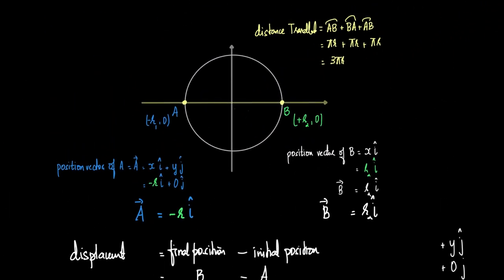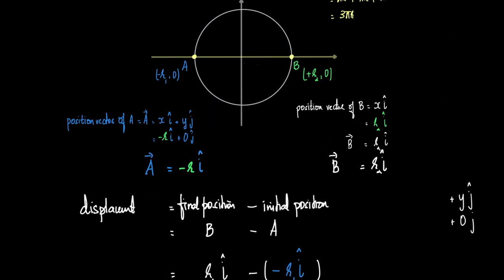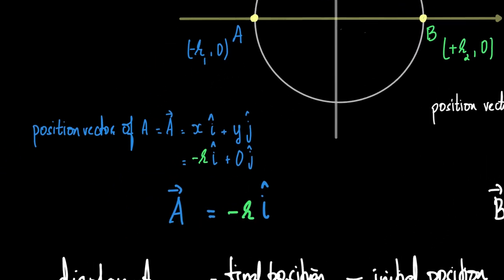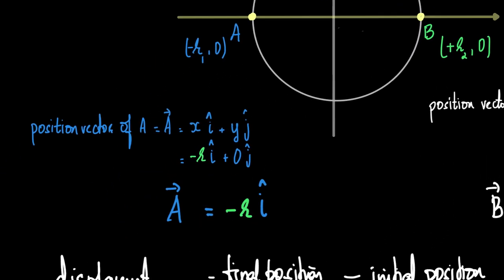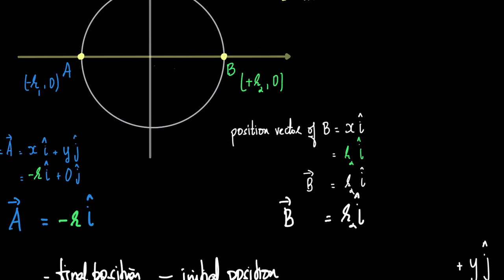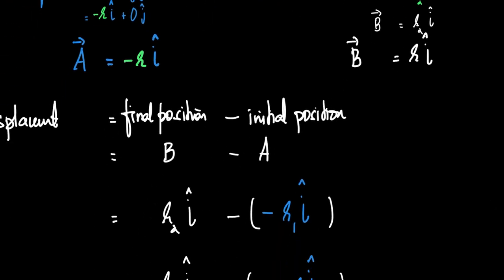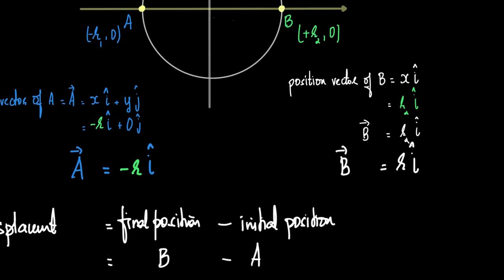Now, since we have the initial and final position, right? Since we have the initial position as minus ri, and the final position as R2.